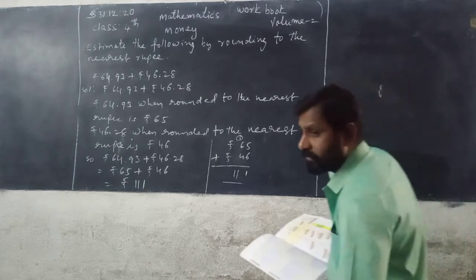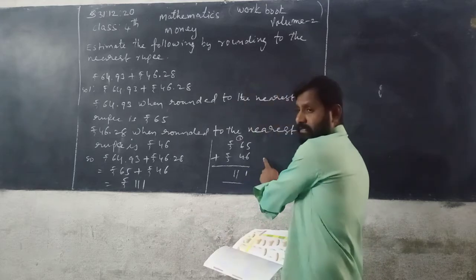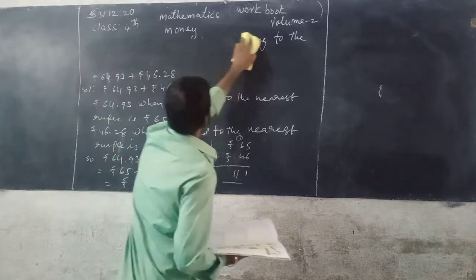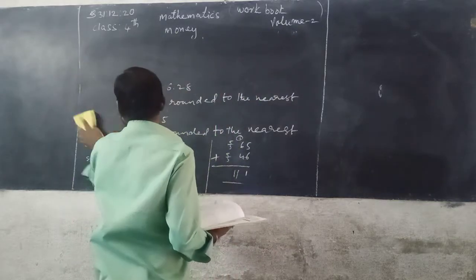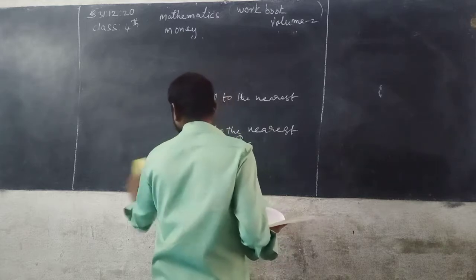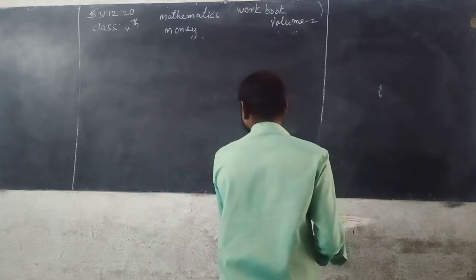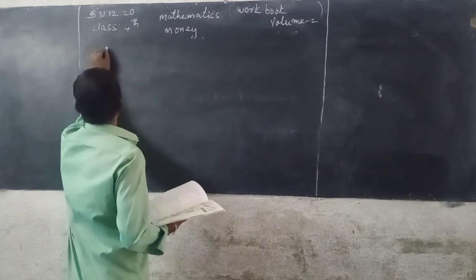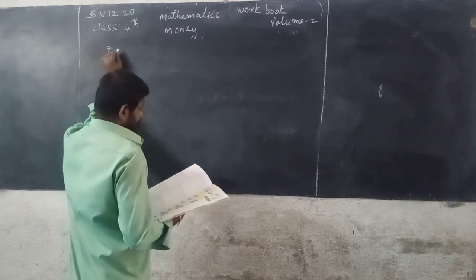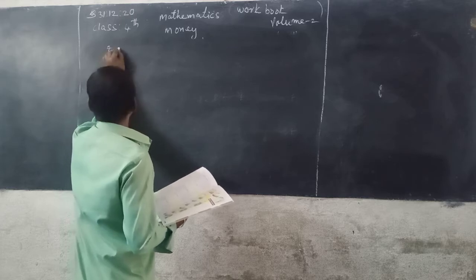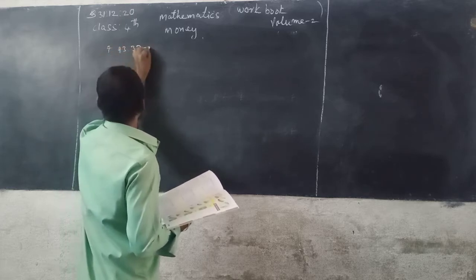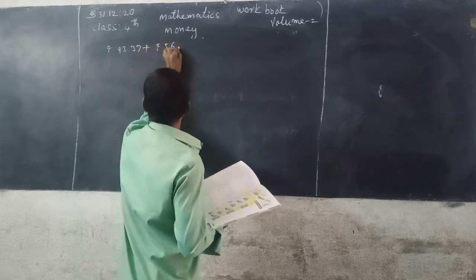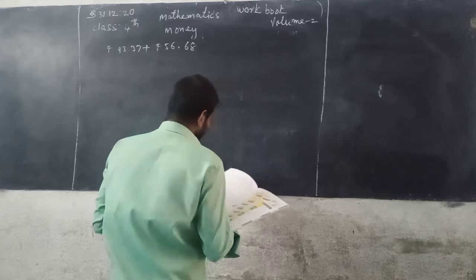Now next one. 93 rupees 37 paise plus 56 rupees 68 paise, beta.